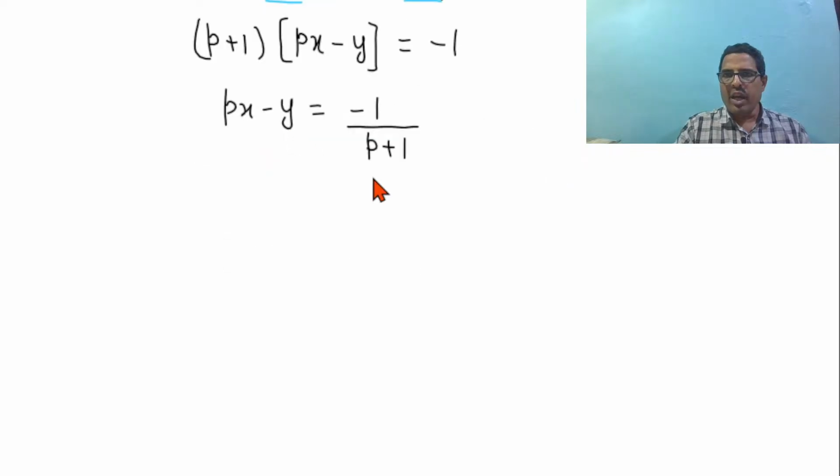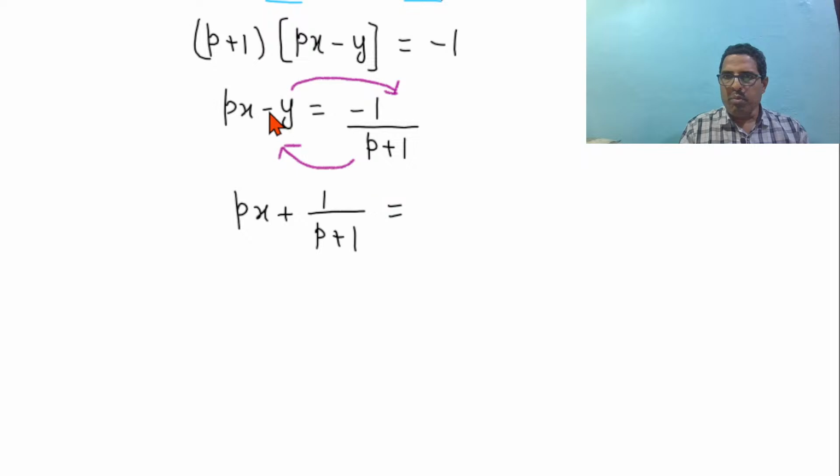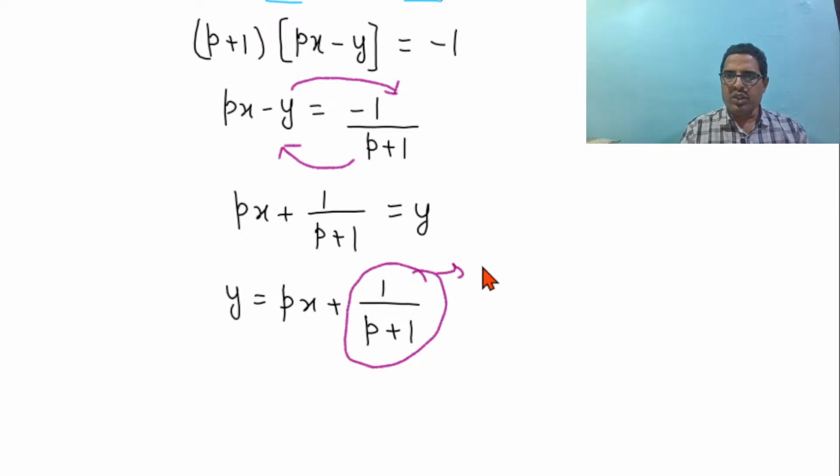I want y equals, so let us take this value of minus y on this side and this value on this side, so that we get this px value, and this minus sign when it goes to the other side becomes plus 1 by p plus 1 equals, this minus y goes on the other side and becomes plus y. Therefore, you can write the equation as y equals px plus, this is of the form f of p. So f of p is nothing but this term.